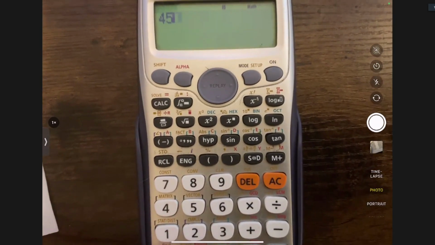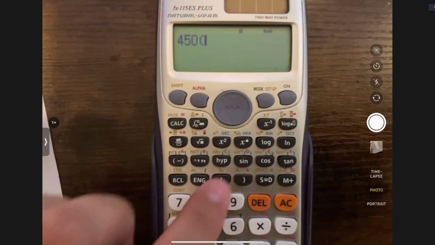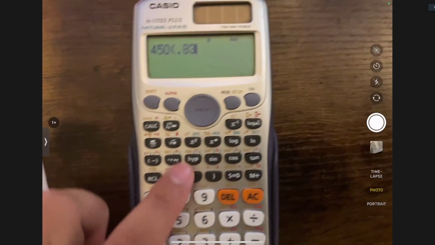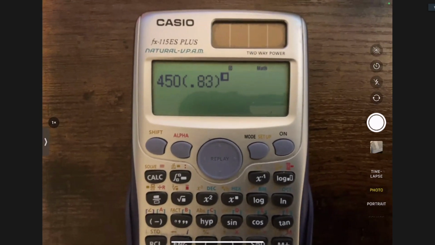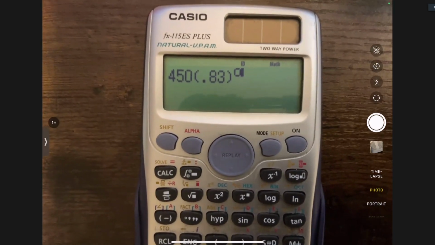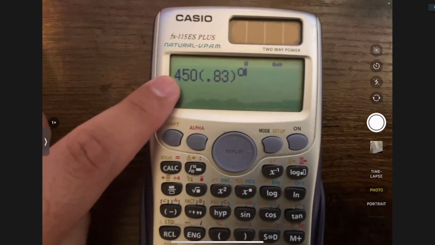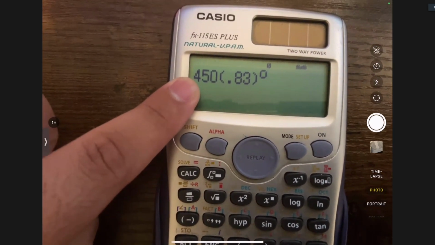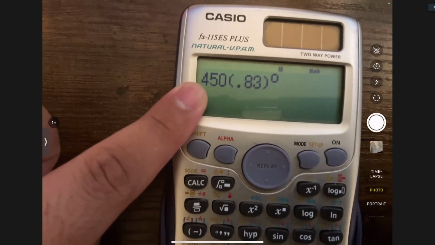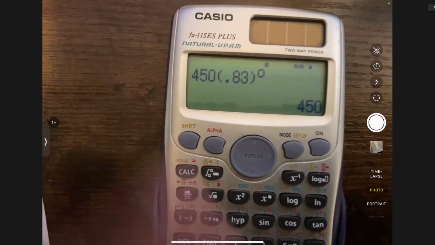This is going to be 450 times 0.83 to the power of, well, I have to do the first value. The first value is 0, but again, the 0 value for the x value, the starting point, is going to be 450. That should be a given.